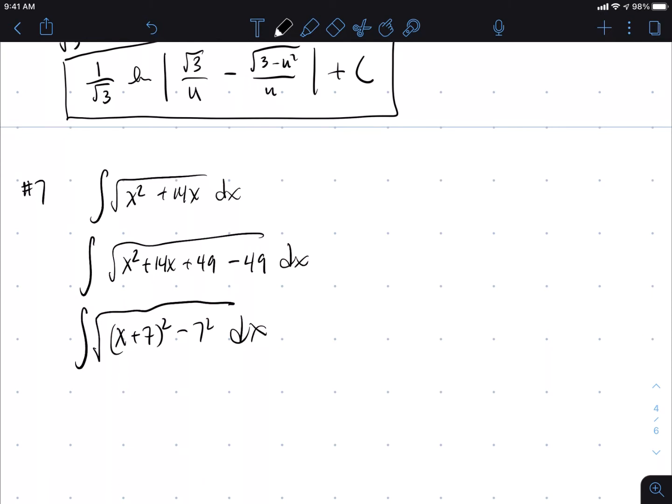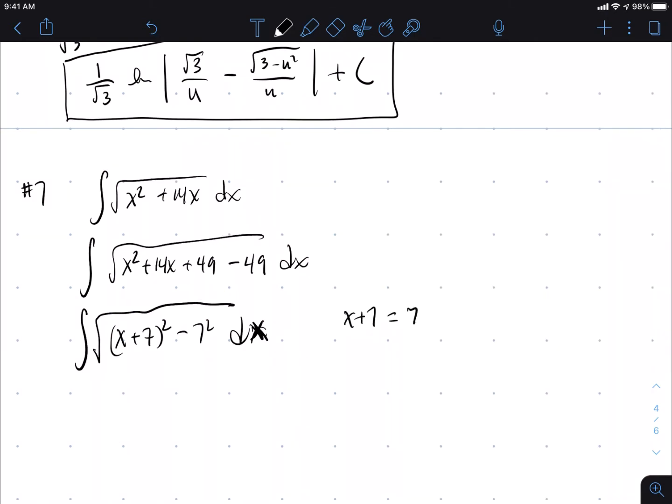Yes. Cool. So now the trick on this one, and this one's a little bit more complicated, is the little twist to the work that we've done. I'm sure you had one in your homework. It becomes x plus 7 equal to 7 secant theta. Remember in the past we had x equal to 7 theta, because the x was the only thing that was squared. In this case, we have an x plus 7 squared, so that has to be what's equal to the trig substitution.